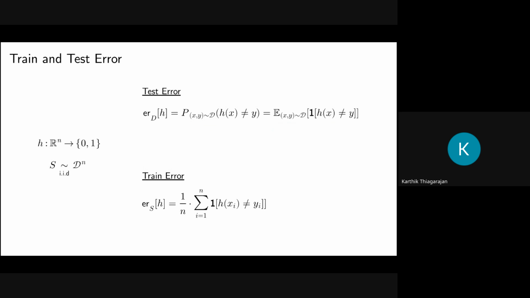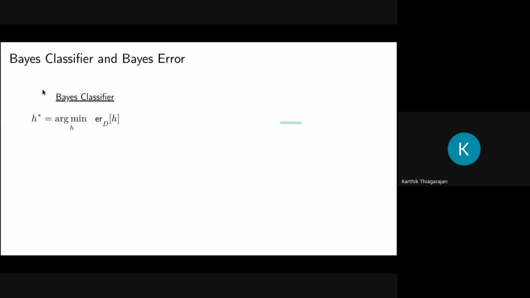This form particularly is very useful, as we will see. Especially in computational problems, when you're asked to compute things, you should go for this form. They are the same, but if you put it this way, then life becomes easy. And as I said before, all the randomness comes from the underlying data distribution.